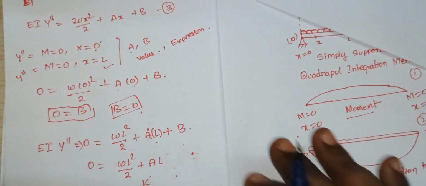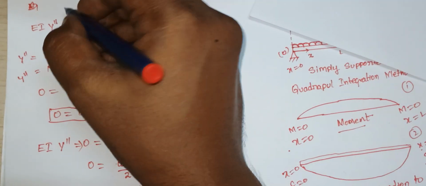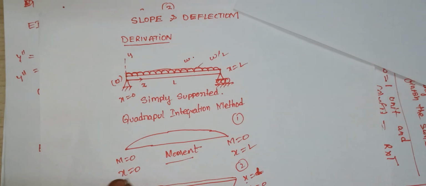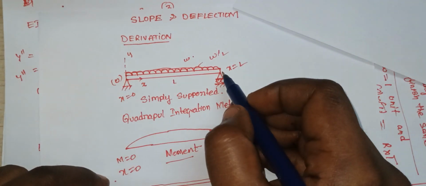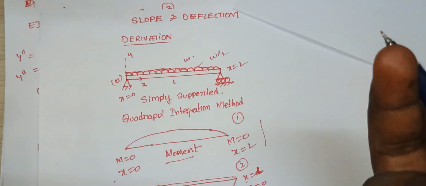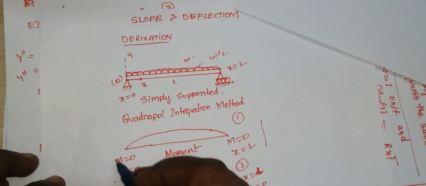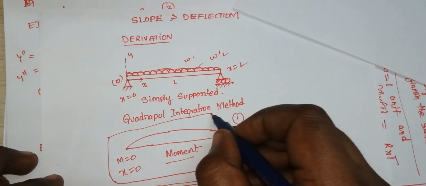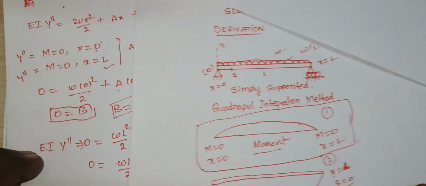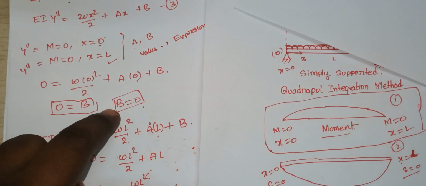See, in this method, by taking the moment only, because for a simply supported case, moment at both ends is 0. So we have taken this boundary condition and easily solved the first constant and the second constant.